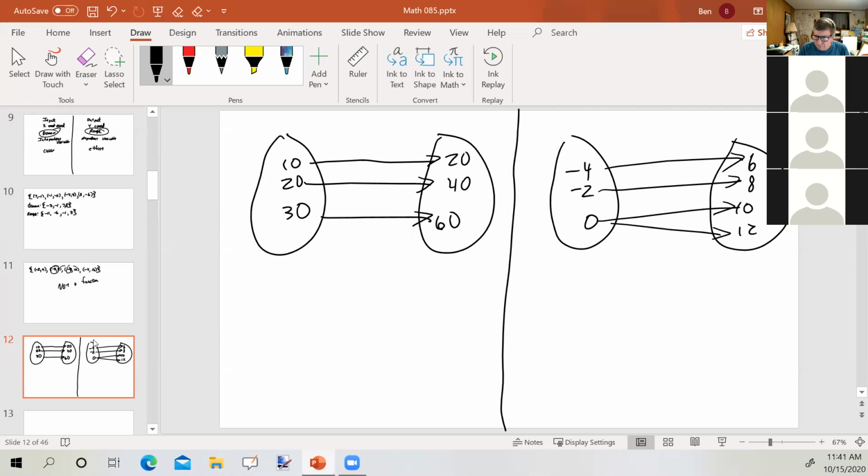Yes. No. Wait, no, I didn't see that. Why not? Give me the evidence that it's not a function. Because the 0 has the range of 10 and 12. Right. So there's two ordered pairs that show it's not a function because the same input has two different outputs. So not. Okay.